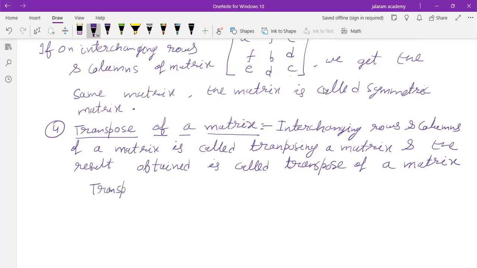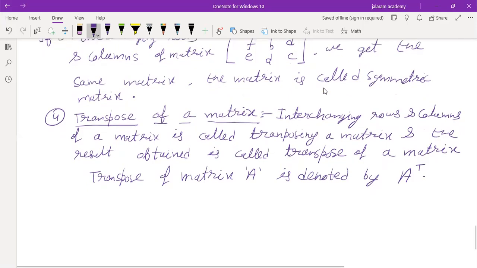Transpose of matrix A is denoted by A transpose. Is that clear to you? Transpose of a matrix is denoted by A transpose.